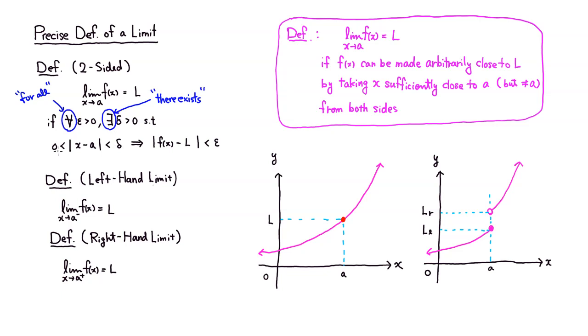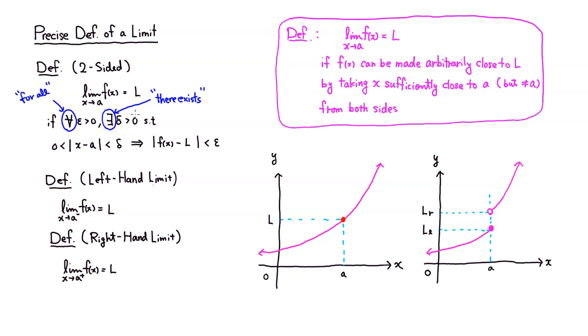The reason it says greater than 0 is that we don't want x to be equal to a, because a limit does not care about the function when x is exactly equal to a. So it's positive because we don't want x to equal a, but the distance between x and a is less than delta. So x and a are sufficiently close.